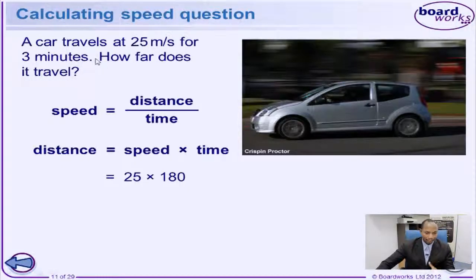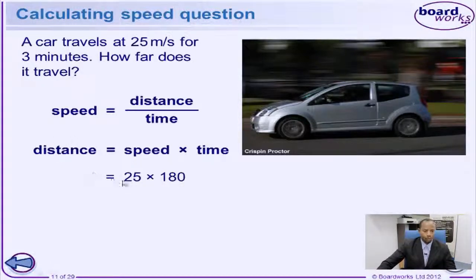In physics, we convert minutes to seconds because the internationally accepted unit for time is seconds. So 3 minutes converted to seconds is 3 times 60, because 1 minute is equal to 60 seconds, which equals 180 seconds.